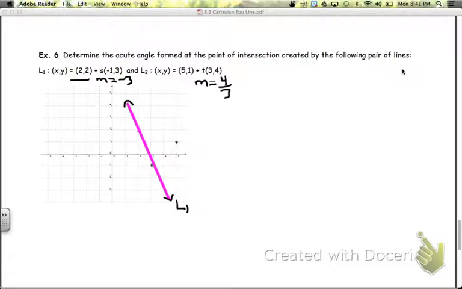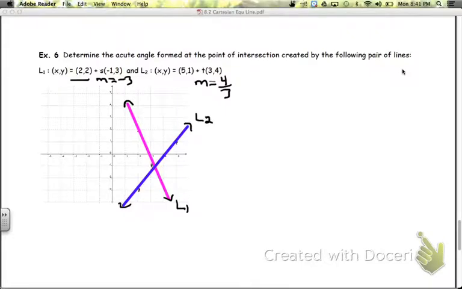I know that I need to get from the point on the left hand side to my 5, 1, so I just need to work backwards here. So down 4 over 3. Our point is going to be there. I'm going to draw another line here, so let's do that one in blue, and we're going to connect those. That's going to be our line 2.